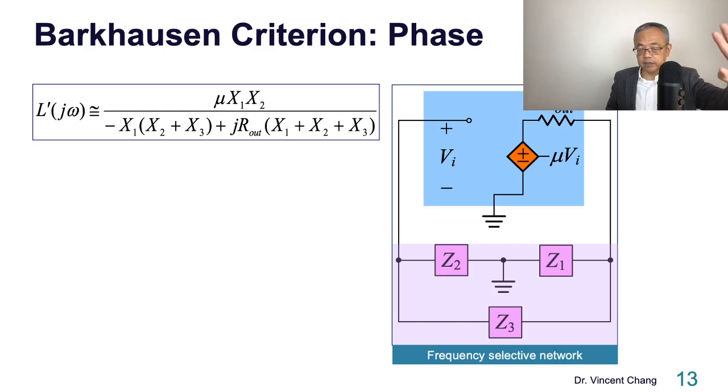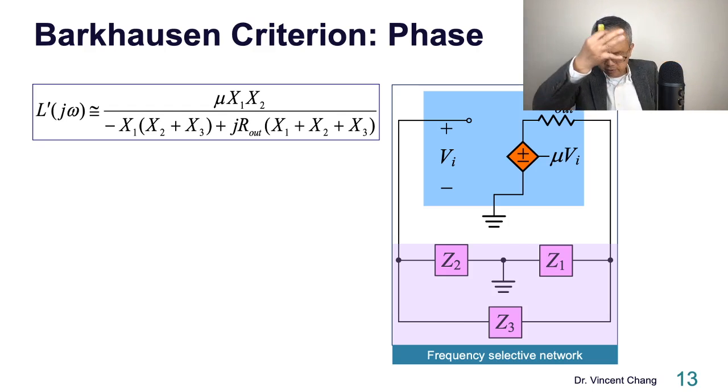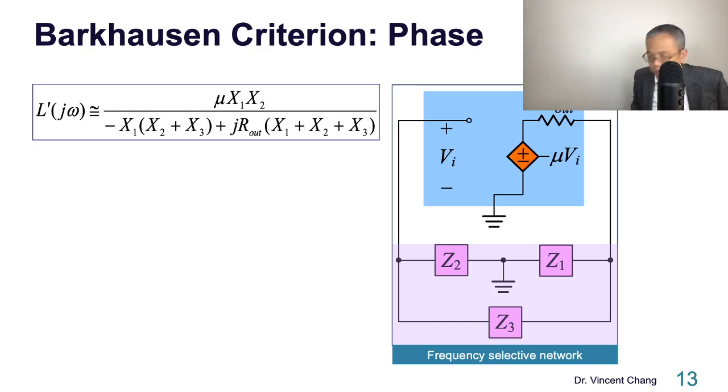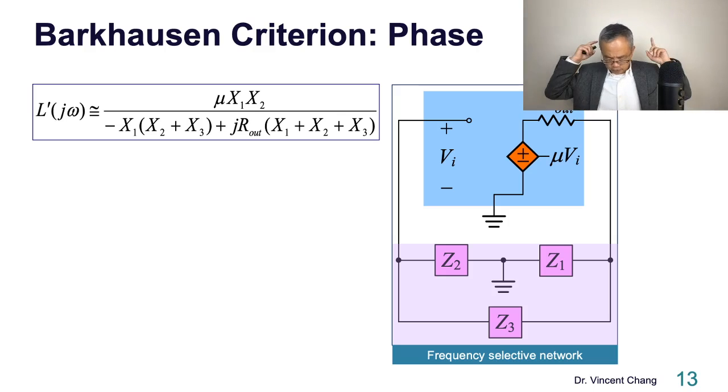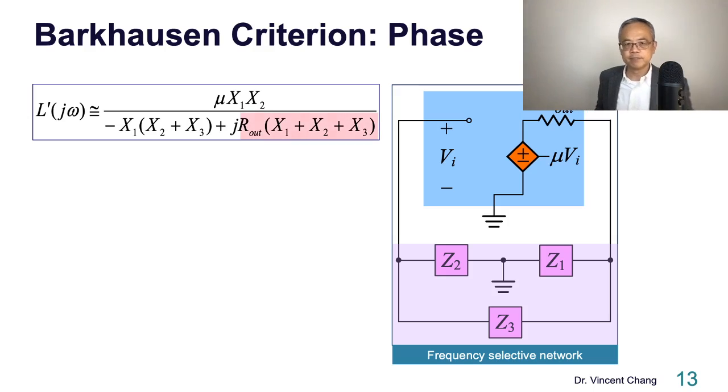Because now is the time to try to meet the so-called Barkhausen criterion. For the oscillator to meet this criterion, let's start with the phase criterion. The Barkhausen phase criterion: eliminate the imaginary part. At the frequency of oscillation, the loop gain has to be a real number. So the imaginary part has to be eliminated.